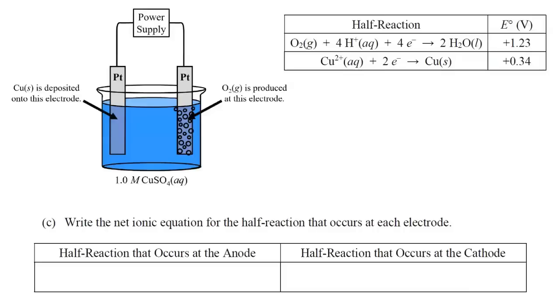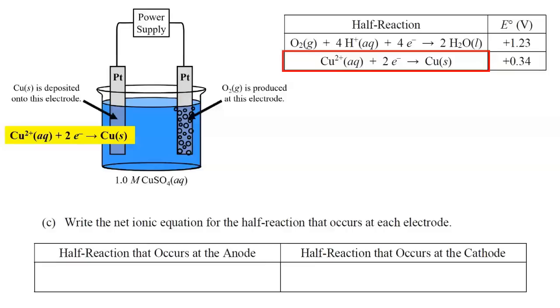So in the diagram, it says that solid copper is deposited onto the electrode on the left. In the table, where there are 2 half reactions listed, I see that solid copper is produced from aqueous copper 2+ ions. So that reaction that I'm highlighting on this slide, that is the reaction that is occurring in the electrode on the left in this diagram.